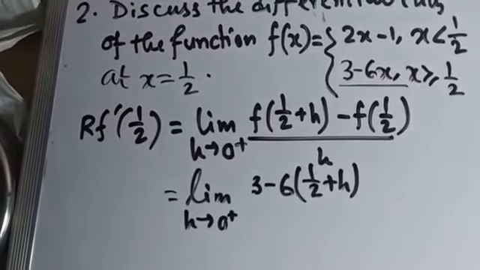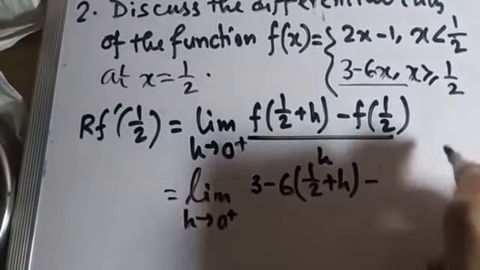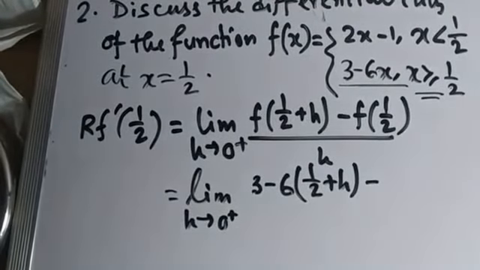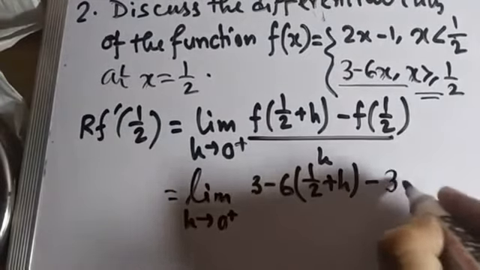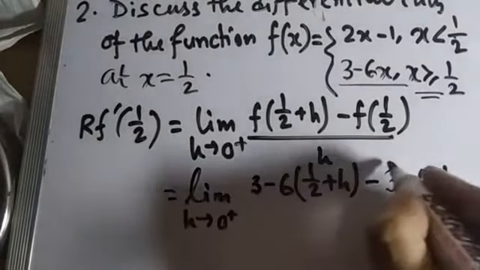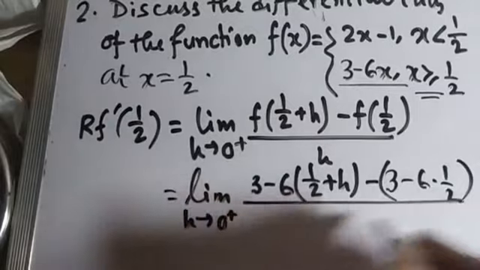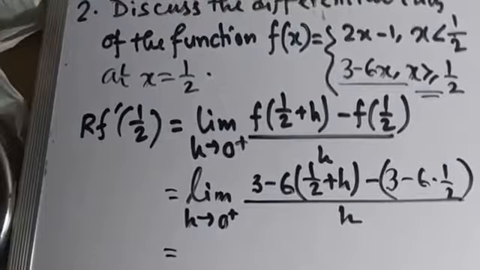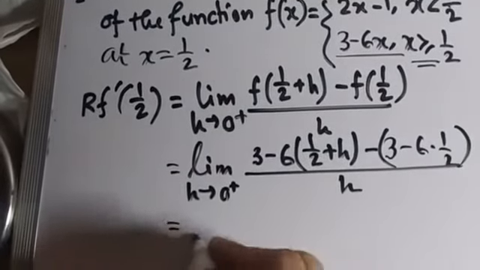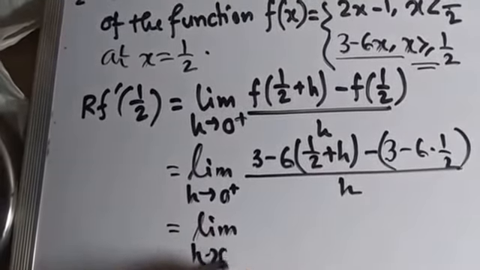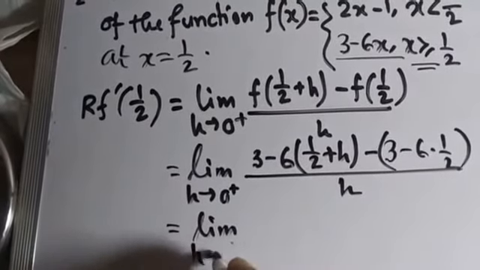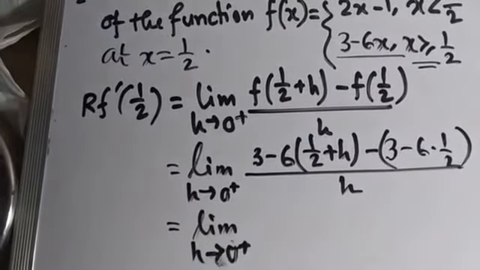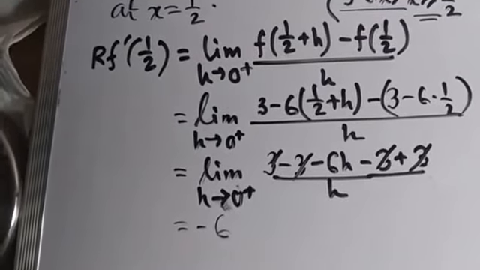Instead of x we are writing half plus h, minus where the equality is occurring here. So we can say the value of f of half will be 3 minus 6 into 2. So then divided by h. Now if you calculate this value, what is the value? So yes, the value is minus 6.